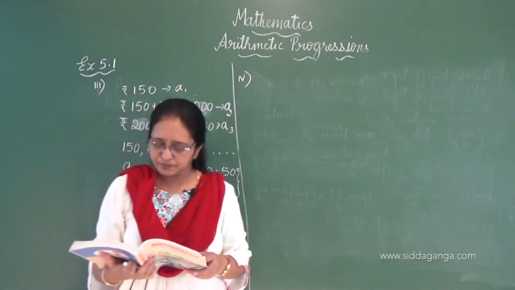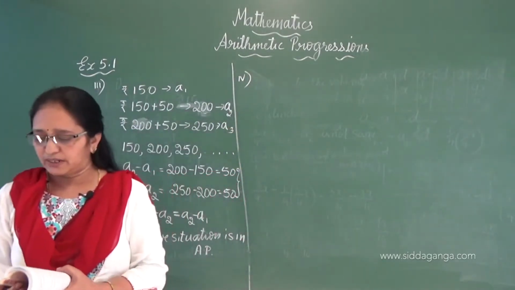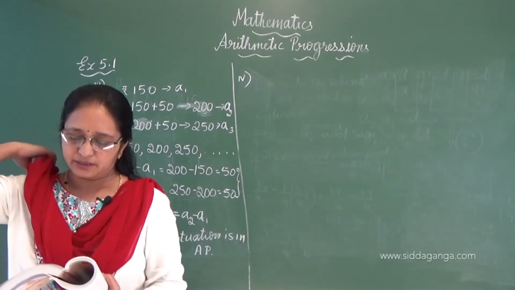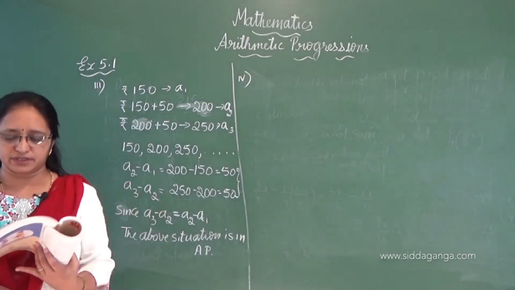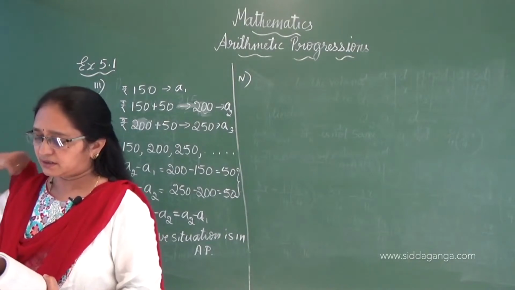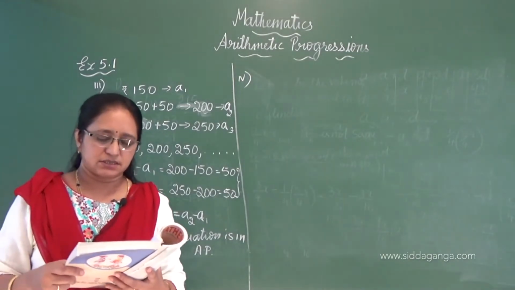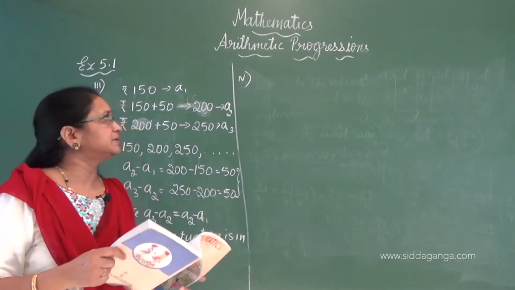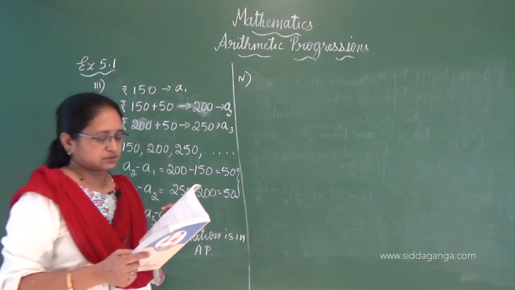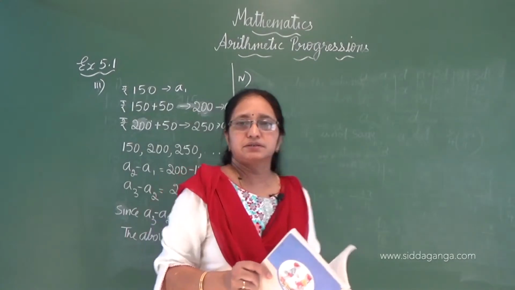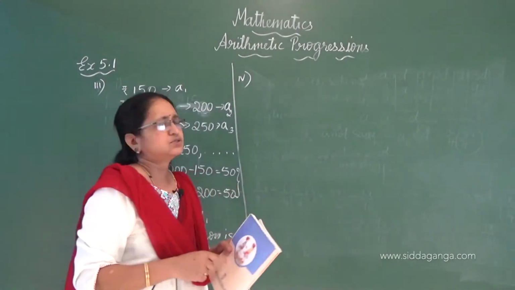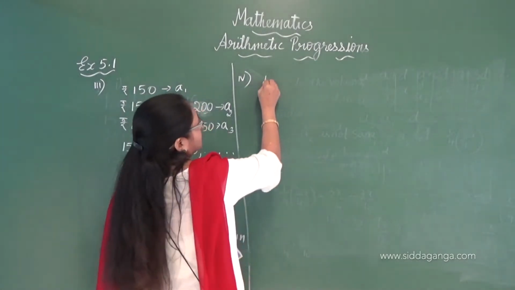Fourth one, the amount of money in the account every year when 10,000 is deposited at compound interest at 8% per annum. See, this is in 8th standard you had studied, the compound interest. So, you all know the formula to find out the compound interest.